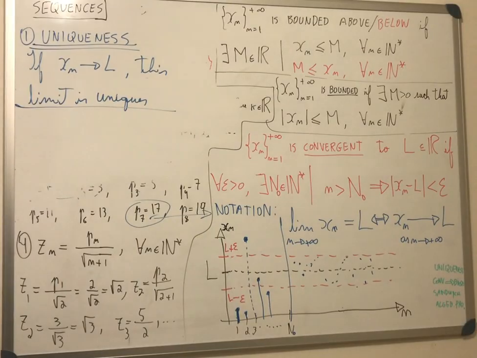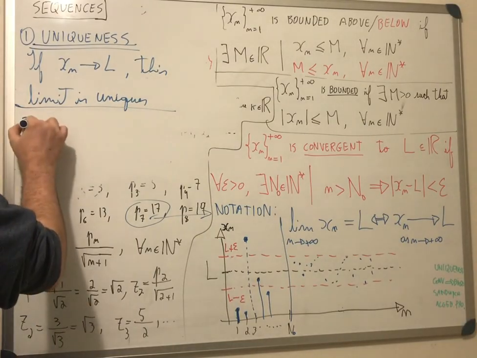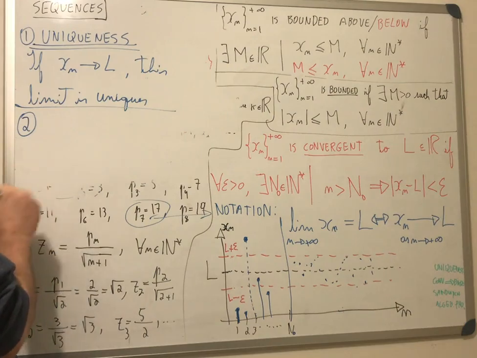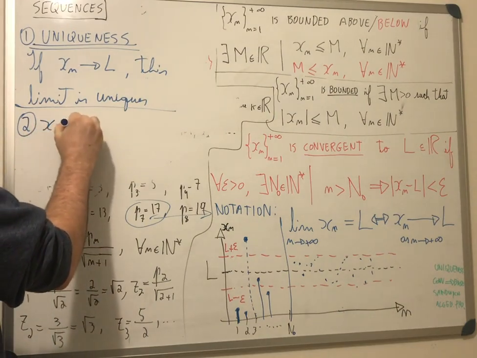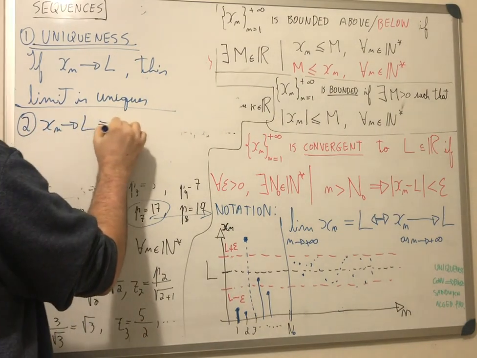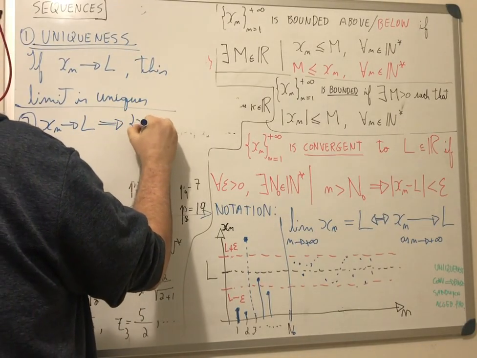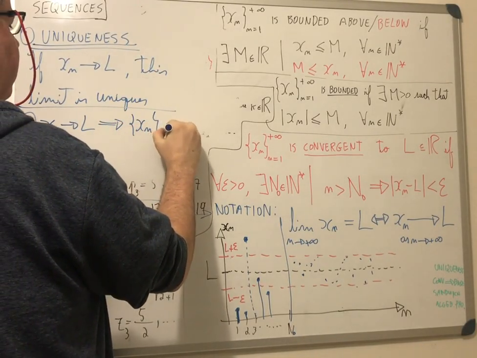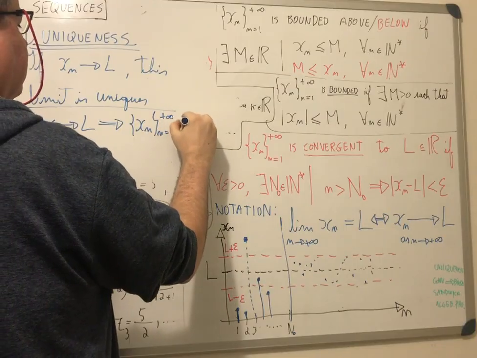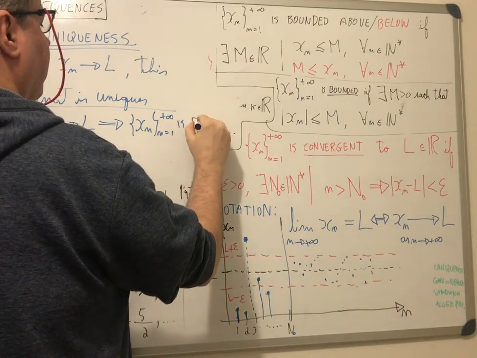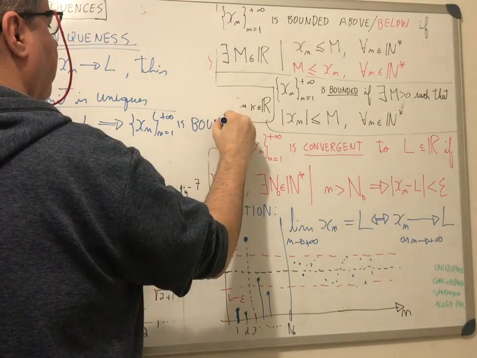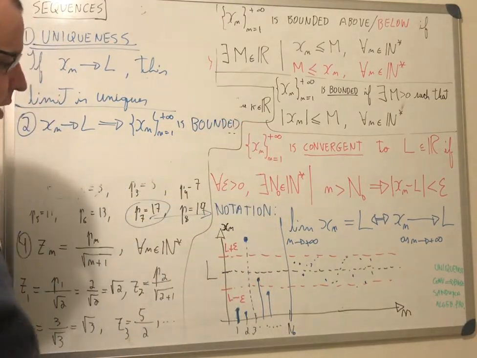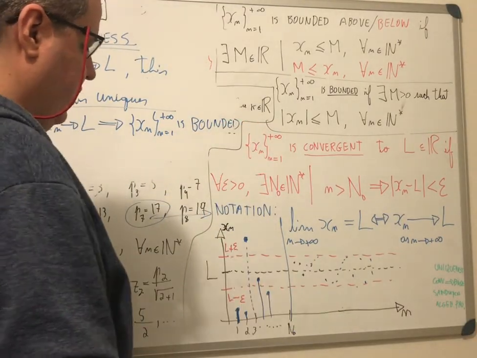Okay? The second property is that if the sequence is convergent, if xn goes to L, then xn is bounded. And in this diagram here, it's not very hard to see.